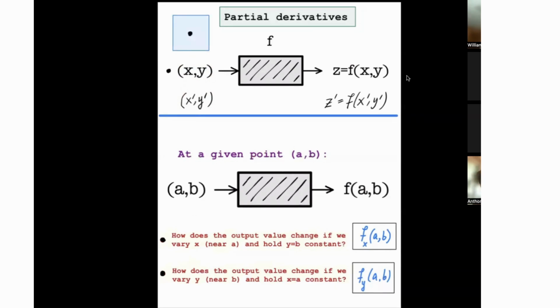That's our point XY, and let's say X prime, Y prime is this nearby point. This point can be in all kinds of different directions. There are lots of different ways we can head away from that first point to get to this new point.